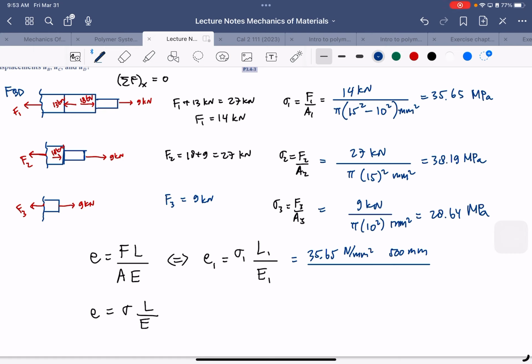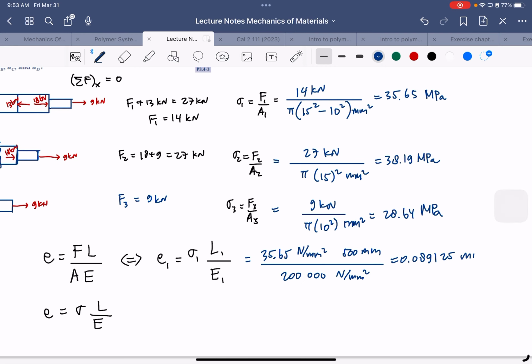Divide by 200 GPa, which is 200,000 MPa, or Newton over millimeter squared. Okay, I think it's nice. So e1 is 0.089125 millimeter.